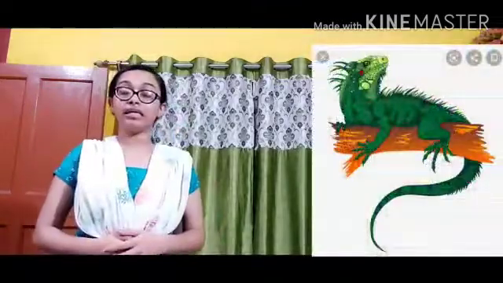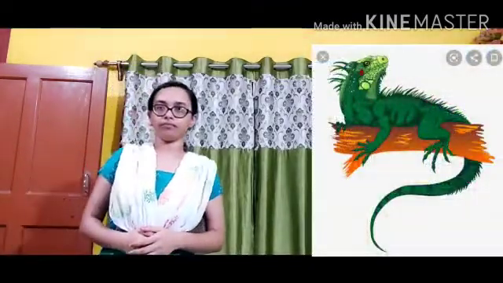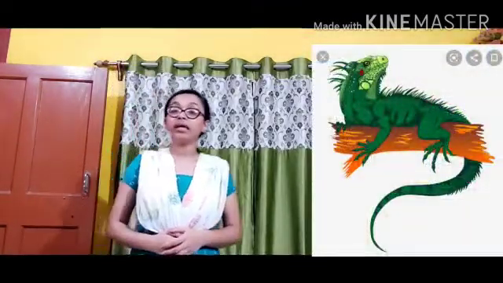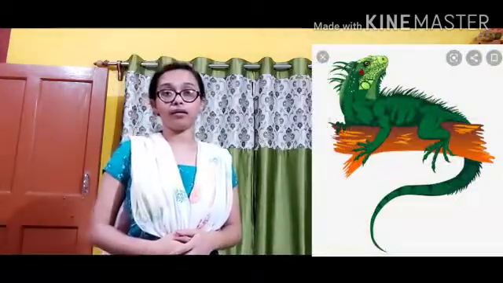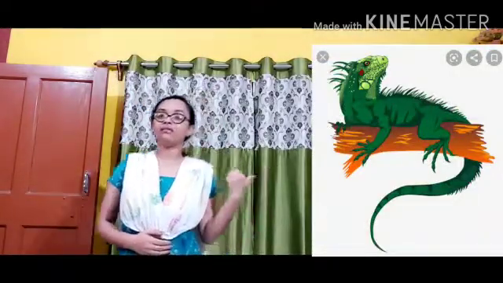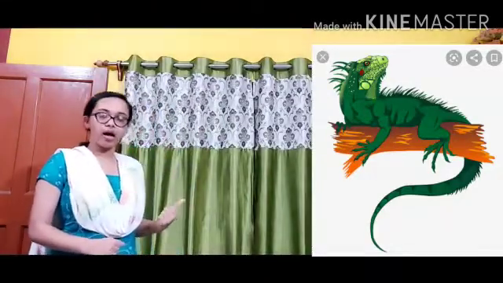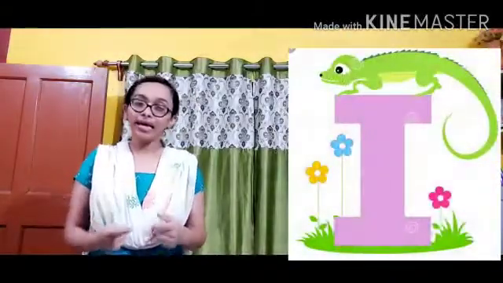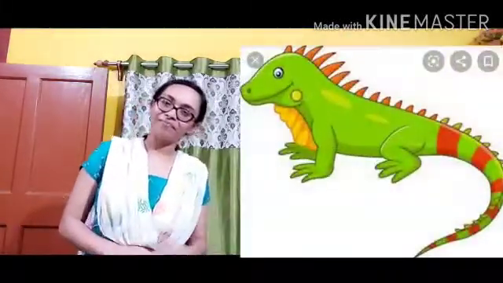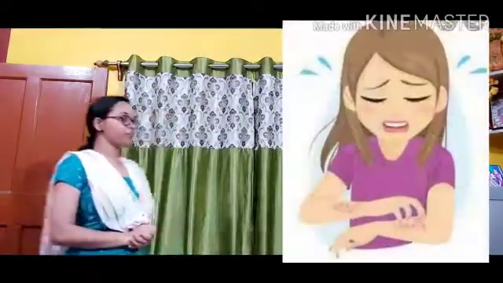Okay, I am helping you out. The name of this animal is iguana. Please repeat after me, everybody. Iguana. Yes, the name of this animal is iguana. This iguana starts with I. Now let's have a look at the last picture.